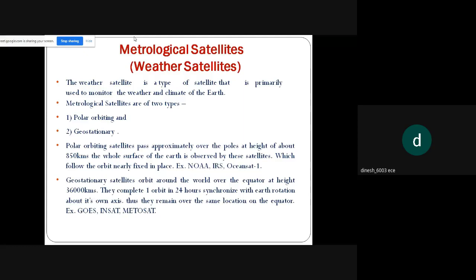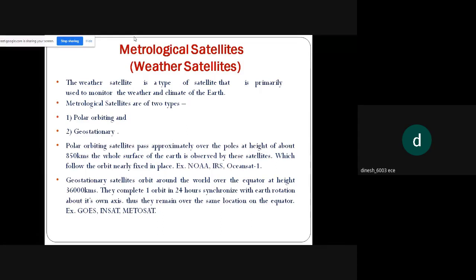Next are the meteorological satellites, or the weather satellites. This is a specific satellite which is used to monitor only the weather and climate changes of the Earth. There are two types of satellites deployed for meteorological surveying or climate monitoring: one is polar orbiting, and the other is geosynchronous or geostationary orbiting.